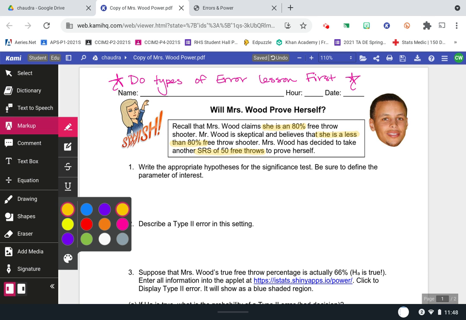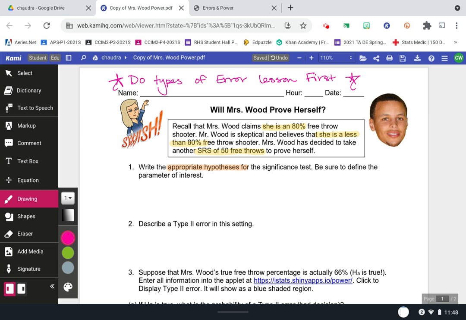Okay, first things first, let's write our appropriate hypotheses for this significance test. And we will include what the true proportion is about, our parameter. So our parameter of interest is the true proportion of free throws that Mrs. Wood actually makes.